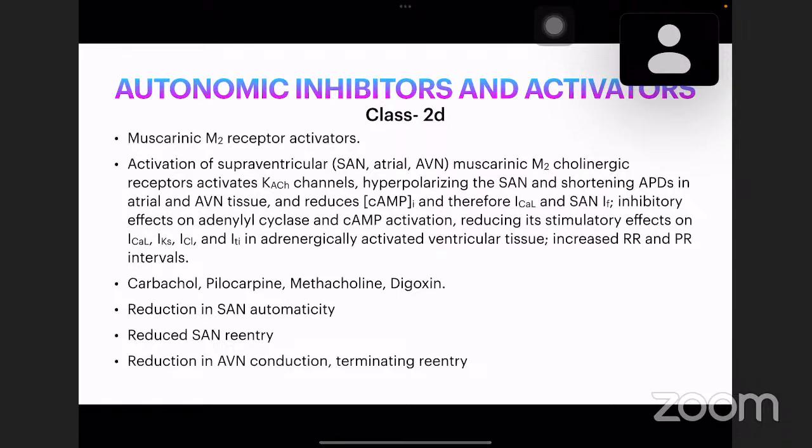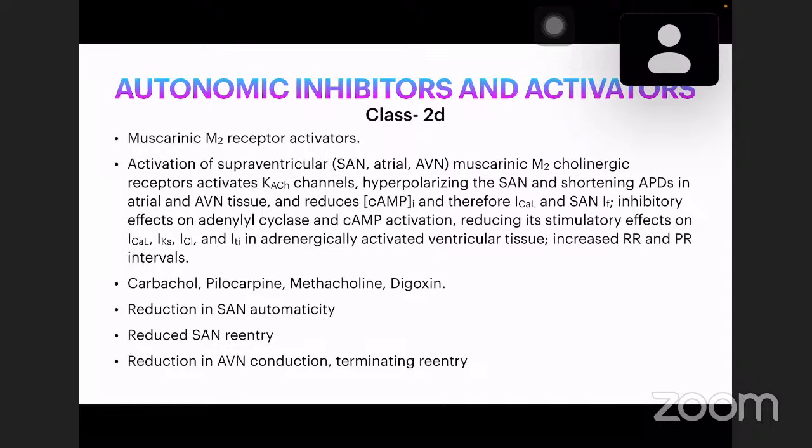Coming to class 2D. Class 2D are M2 receptor activators. So these involve activation of supraventricular M2 cholinergic receptors, which activates potassium acetylcholine channels, thus hyperpolarizing the SA node, shortening the action potential durations in the atrial and AV node tissue.